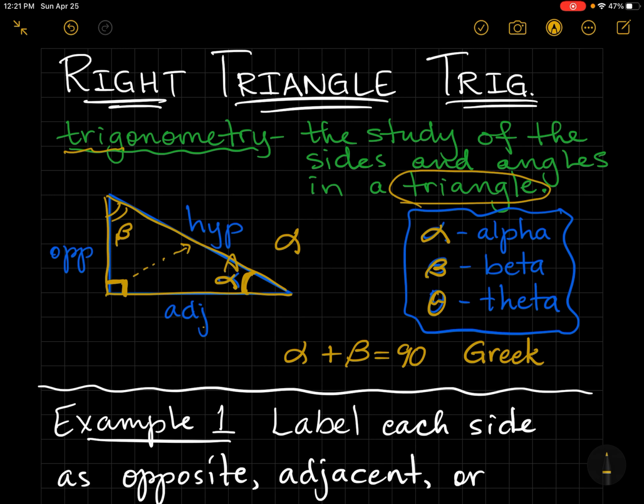If we're referring to this angle, then opposite of alpha is this side, and adjacent to alpha is this side. So let's not even look at beta. Looking at alpha, remember adjacent means you're touching. So for both of these acute angles, the adjacent side and the hypotenuse are the 2 sides of the angle. The side that does not touch is the opposite.